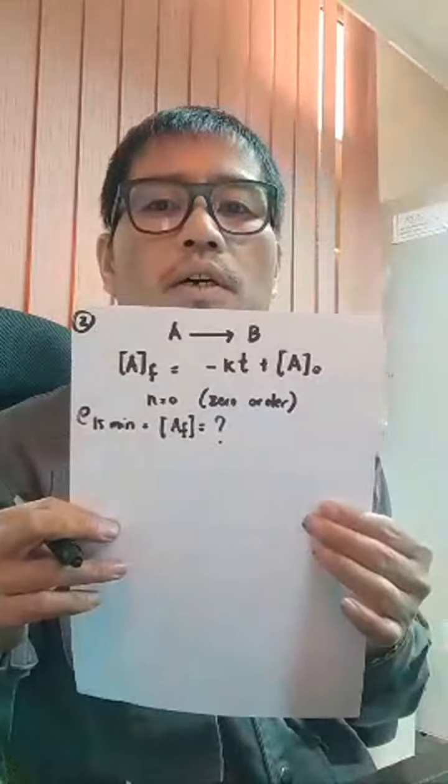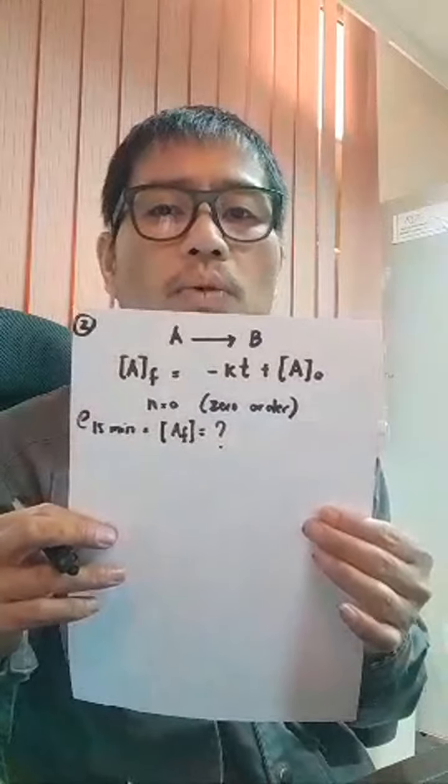So what will be the concentration of the reactant after 15 minutes? So this is the final concentration after 15 minutes. Okay, so at 15 minutes, we have a concentration which is unknown. The final concentration will be unknown after 15 minutes. So substitute the value.